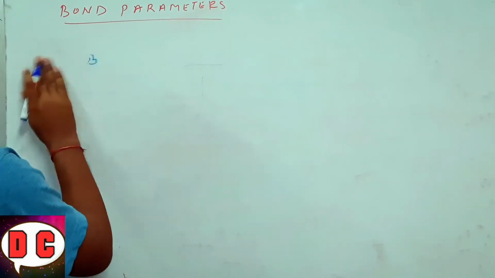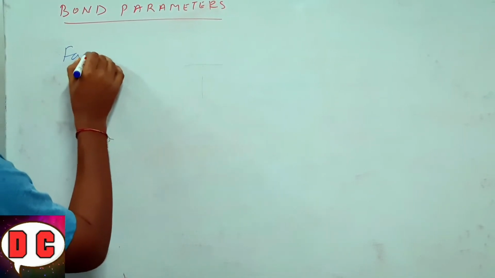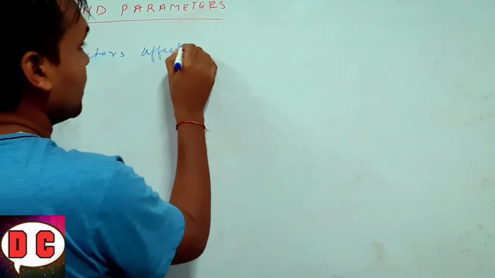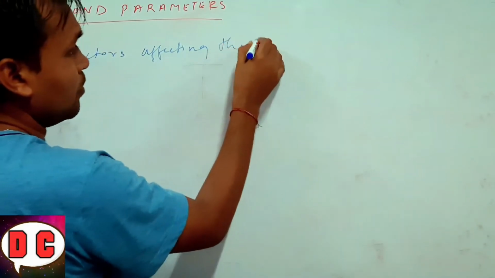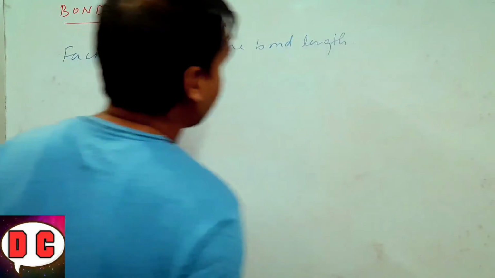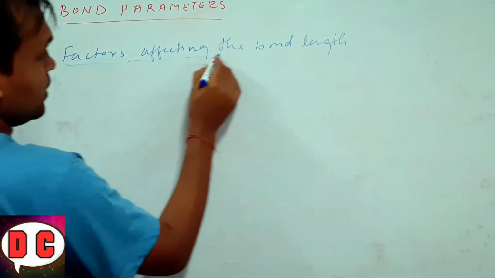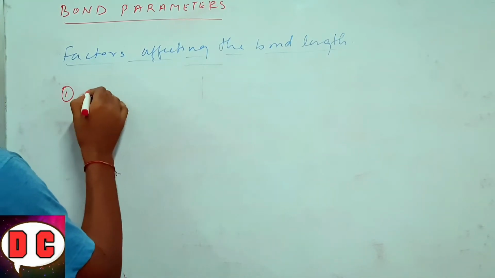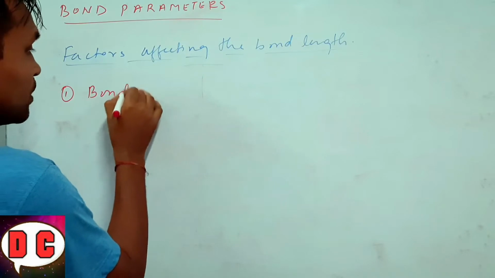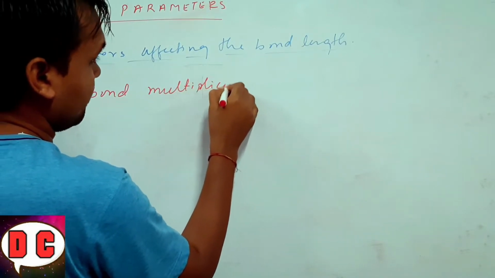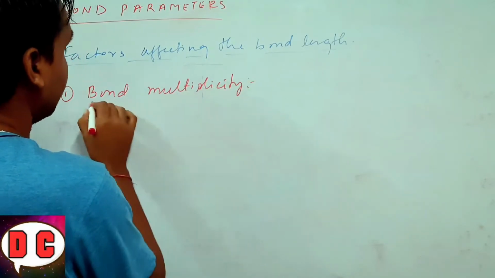Factors affecting bond length. The first factor is bond multiplicity. What does it mean?